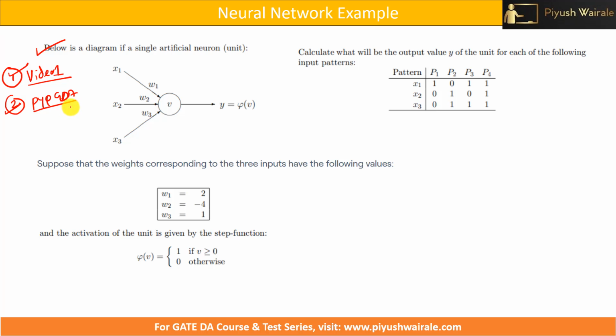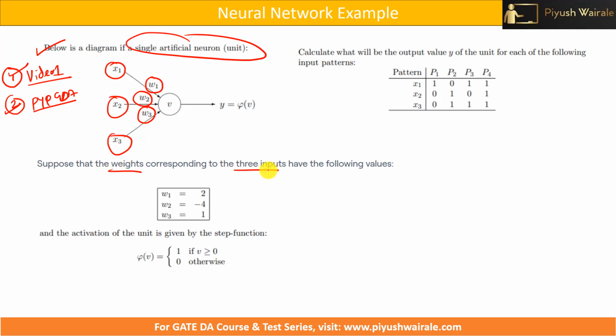Now let's discuss this question first. Below is a diagram of a single artificial neuron. Here you can see one neuron with three inputs x1, x2 and x3, and the corresponding weights w1, w2, w3. Suppose the weights corresponding to the three inputs have the following values, and the activation function is a step function.